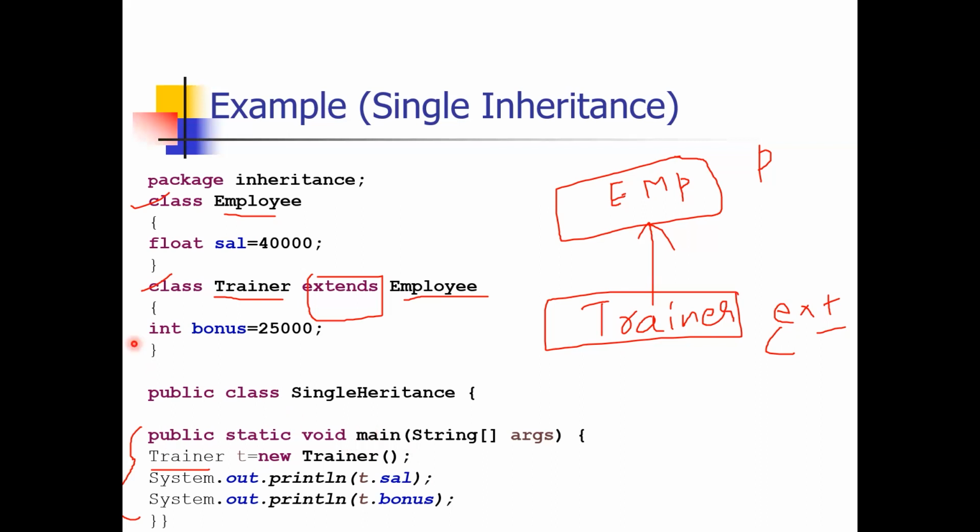First, add the extends keyword beside the child class. Next, in the main method, create an object of the child class. And in println, call the particular member using the object. This is single inheritance.